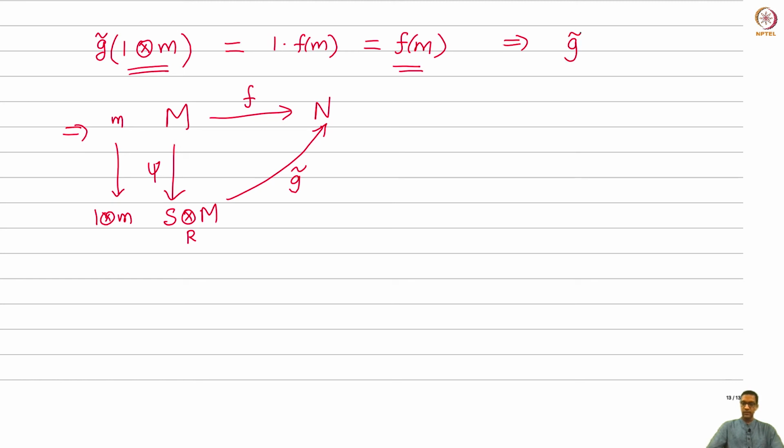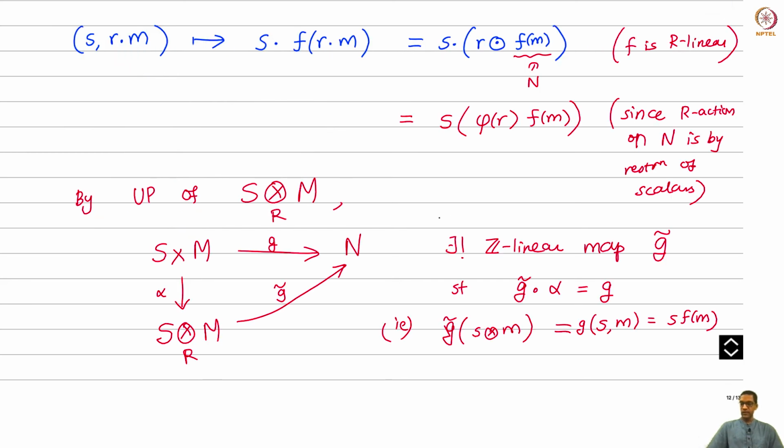So G tilde composed with psi is in fact F, right, because it maps 1 tensor M to F of M. And G tilde is certainly unique. This property uniquely defines G tilde, because of this universal property. From here we know there can only be one map which does this for all S and M.